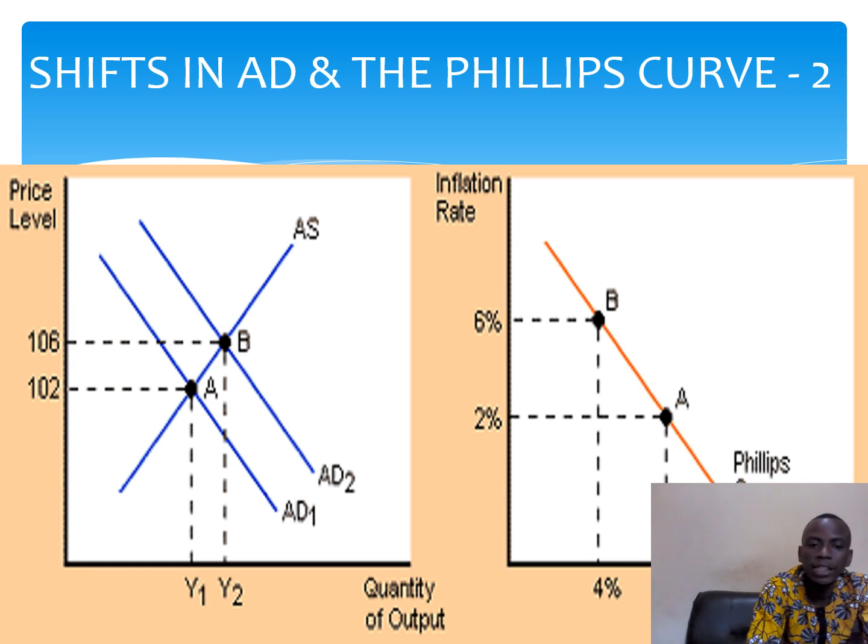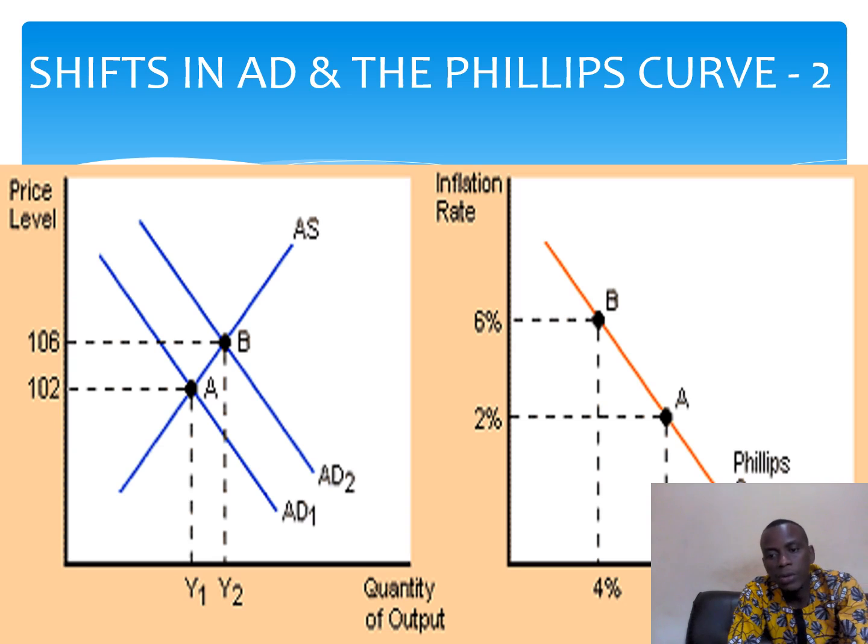Okay, aggregate demand leads to increase in production. Yeah, so output will increase from Y1 to Y2 altogether, and consequently, we will now move from the equilibrium point A to equilibrium point B. Okay, so at equilibrium point A, the price was P1, and then with the output Y1.